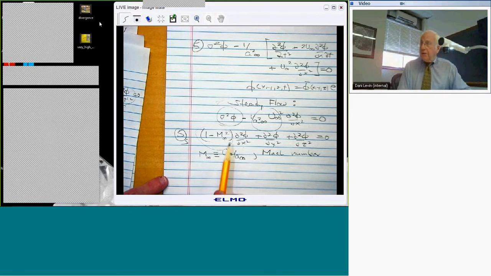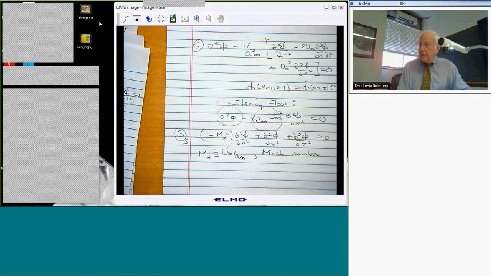So this reduces to Laplace's equation, provided the Mach number is less than 1. And there's a famous scaling law due to Prandtl and Glauert that tells you how it goes. On the other hand, if the Mach number is greater than 1, the sign of this term is negative. This really is a wave-like equation in space. So for supersonic flow, it is a wave-like equation, but it's wave-like in space rather than wave-like in time. And if the Mach number happens to be exactly 1, this term goes away.